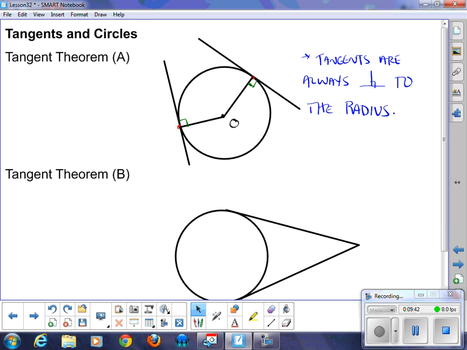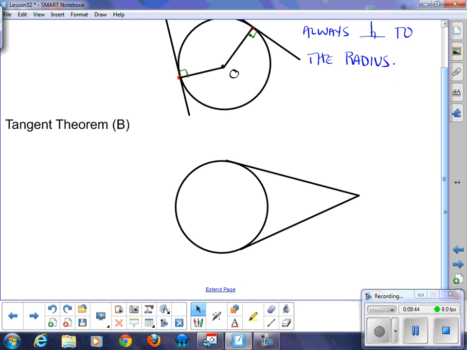The next one, tangent theorem B: if I take a location, and we're going to call it point A, so any point A, and I draw 2 tangents that pass through point A. After I have point A, I draw a tangent, and I'm going to do this very quickly.